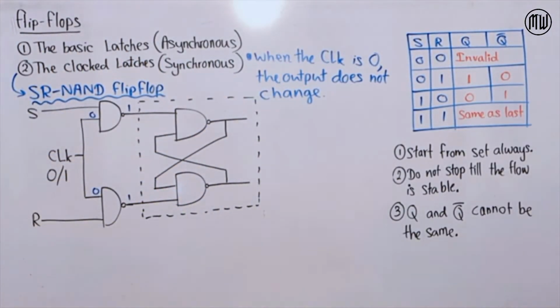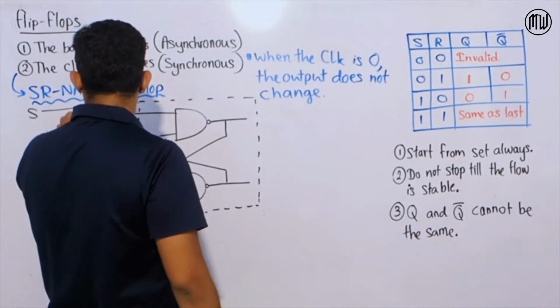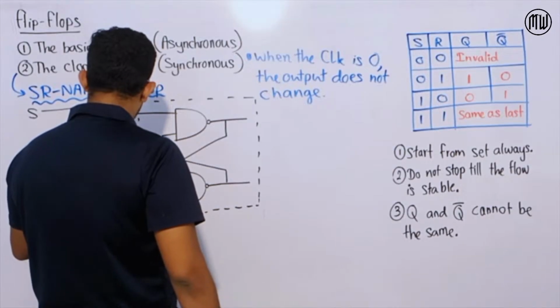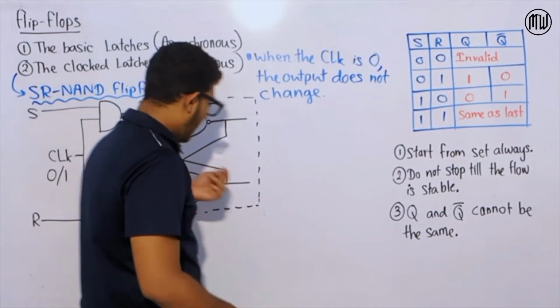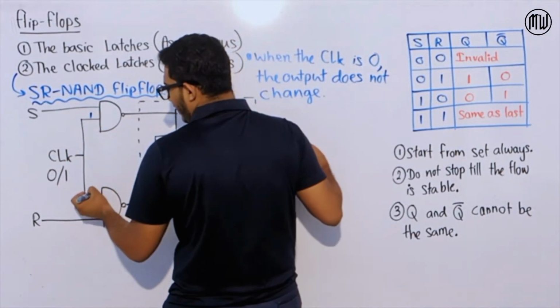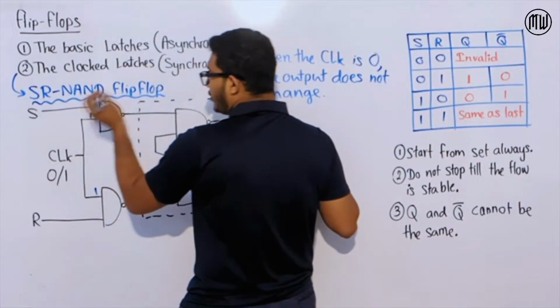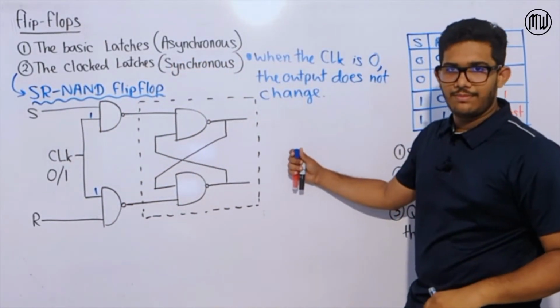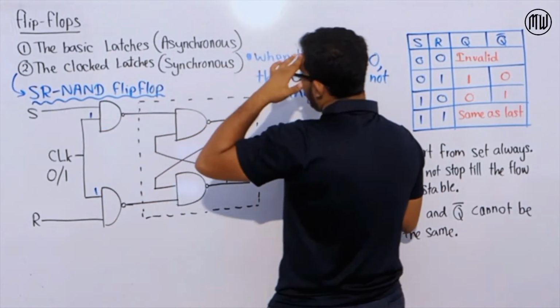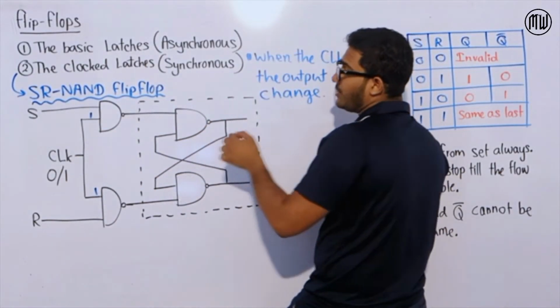That's what happens. But now imagine the clock is 1. Now what happens is, if the clock is 1, it can't really give an output only based on the clock input. These two logic gates can't give an output only based on one input.